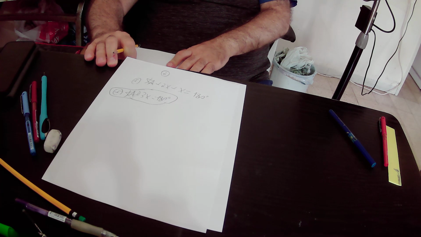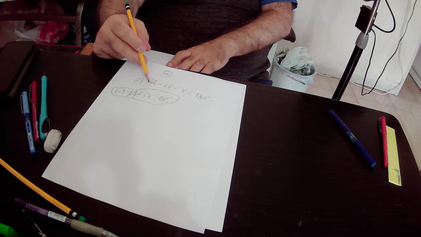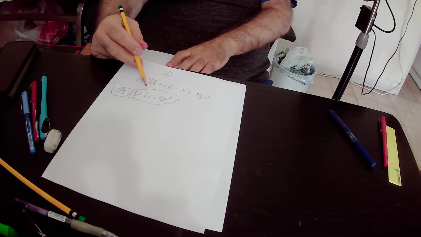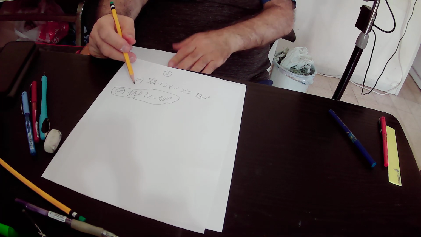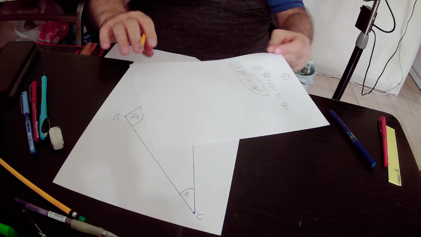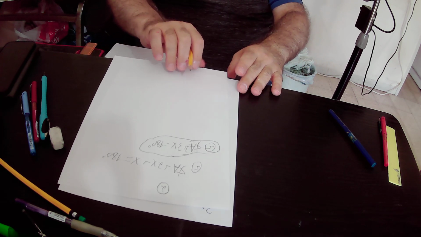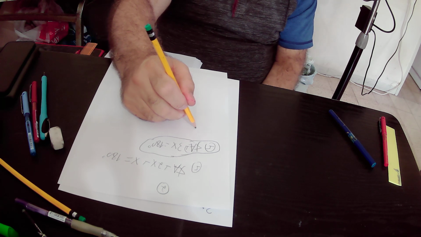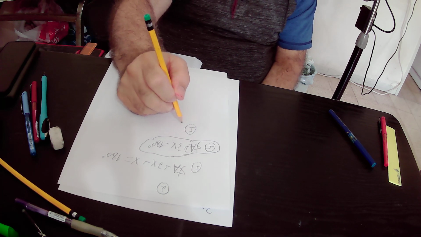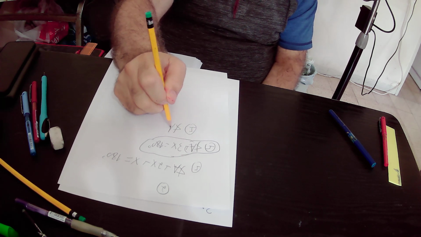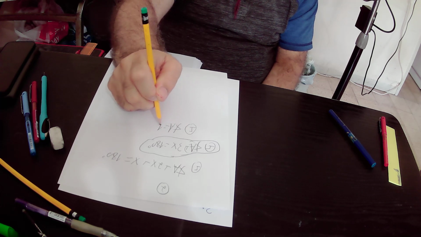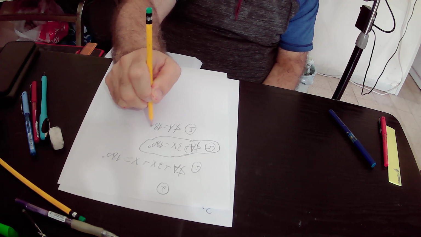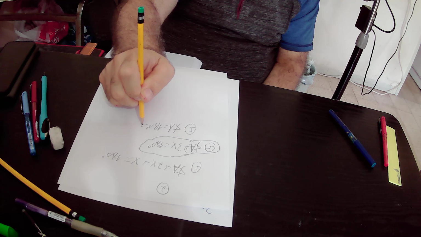Again, angle A plus 3x equals 180 degrees. Here we'll subtract 3x from this equality in order to get the value of angle A. So we will get that the value of angle A equals 180 degrees minus 3x.